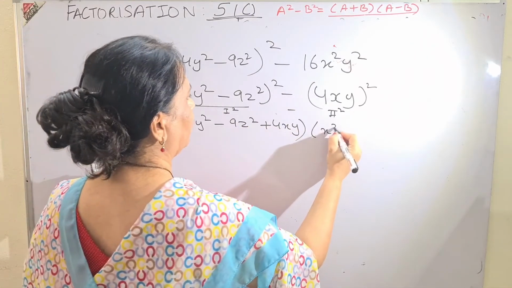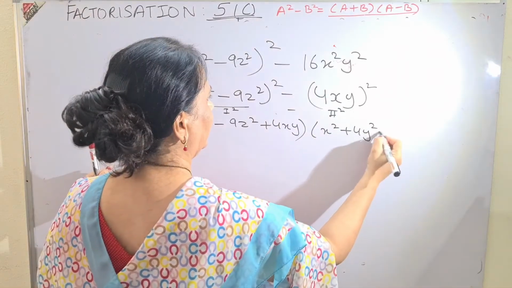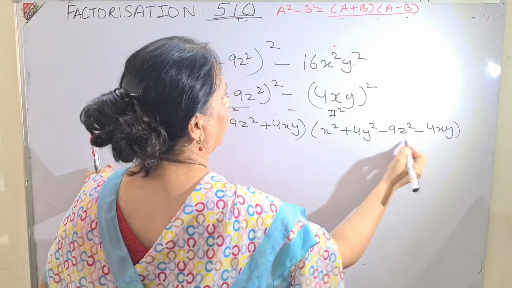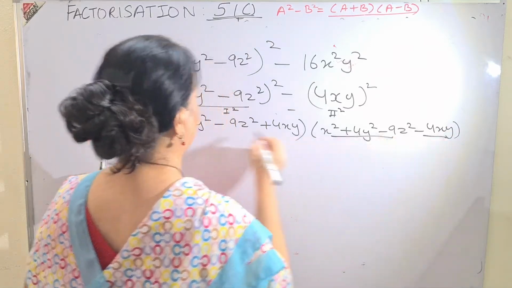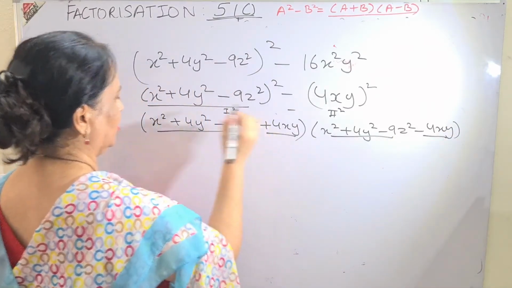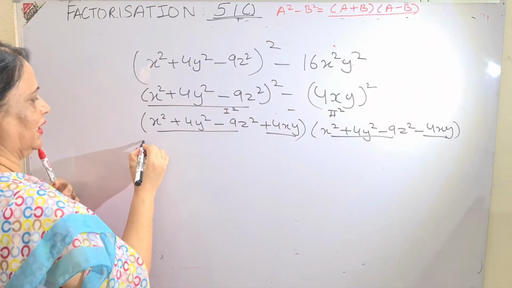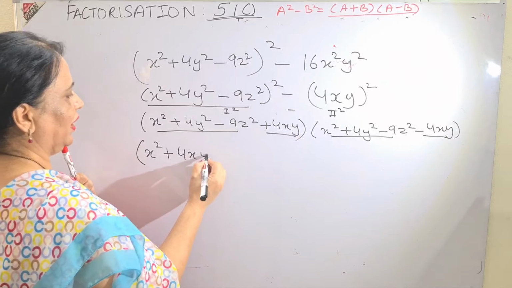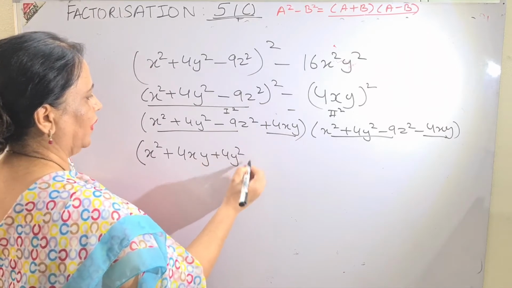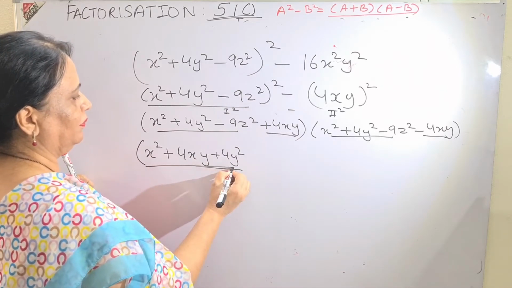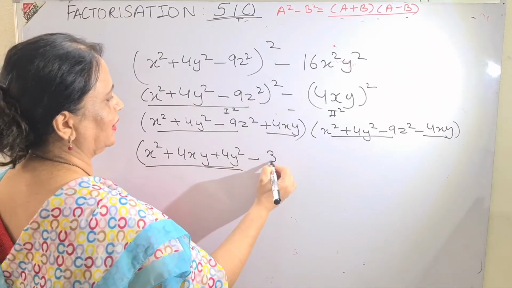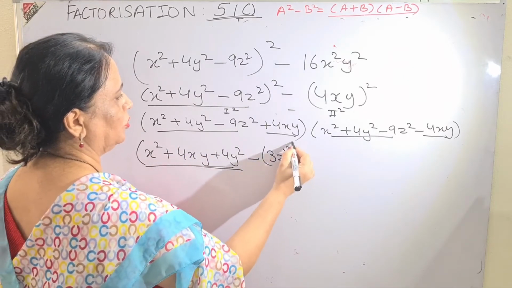And x square plus 4y square minus 9z square minus 4xy. Now see, this question does not finish here itself. I collected x square plus 4xy plus 4y square in the first, second and third position and wrote 9z square as 3z whole square.